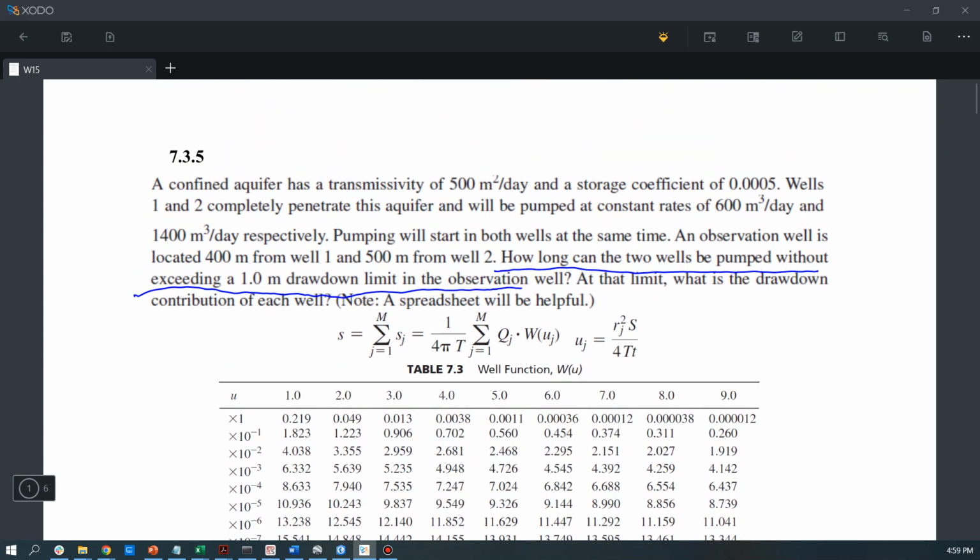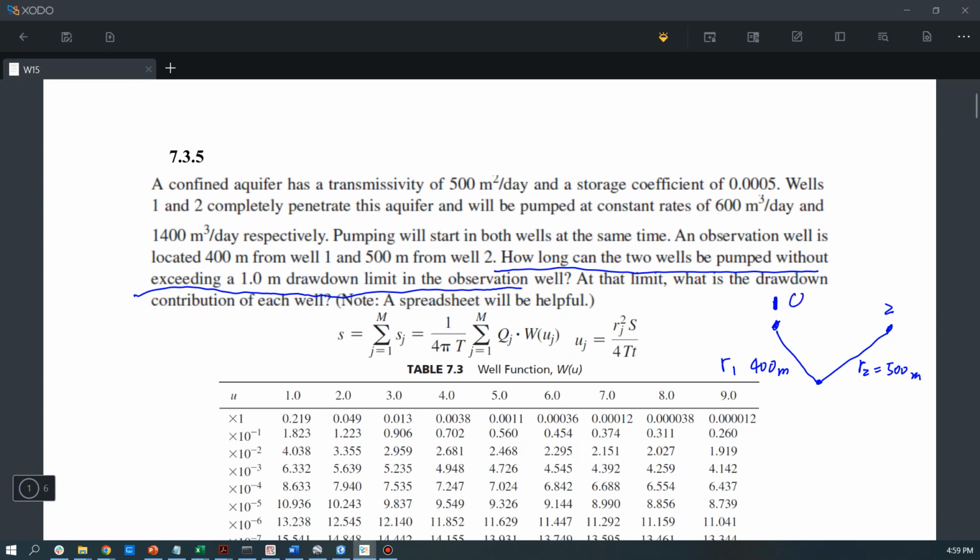So let's have a really simple spatial diagram here. We have well 1 and well 2, and the observation well in between, which has a distance of 400 meters to well 1 and a distance of 500 meters to well 2.